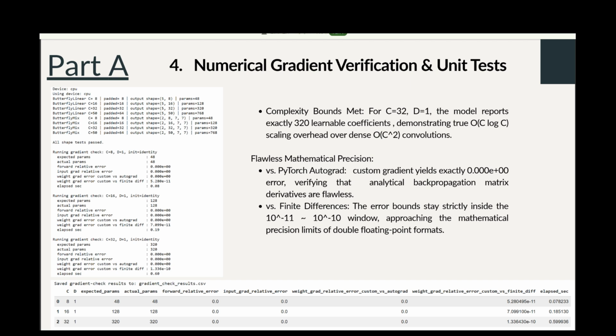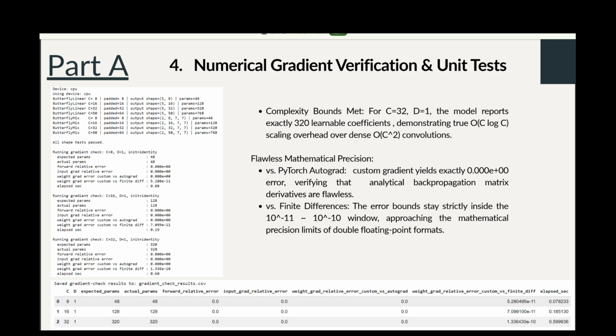When evaluated against double-sided numerical finite differences, the error converges tightly around 10 to the power of minus 11, sitting comfortably near double precision machine limits.